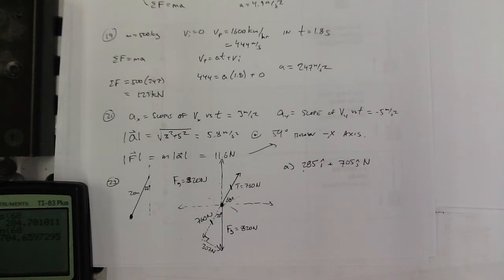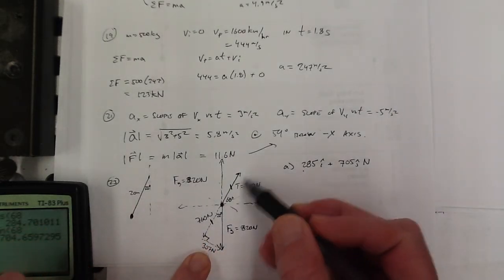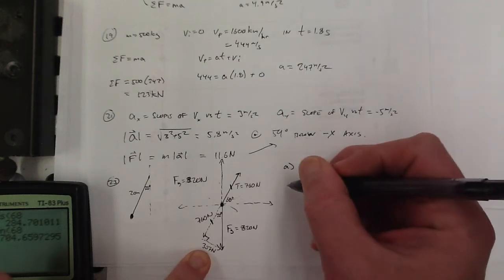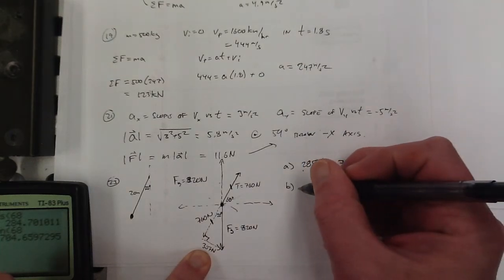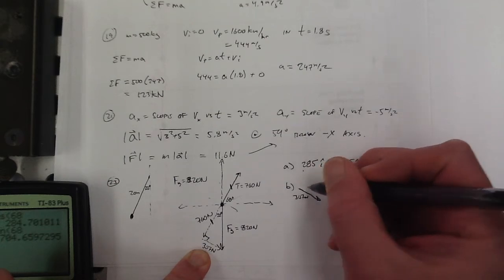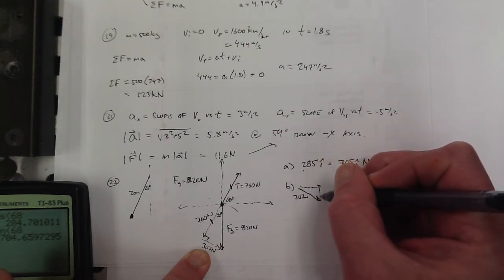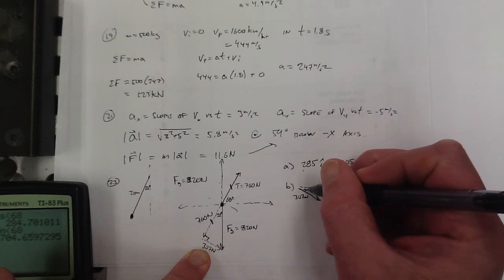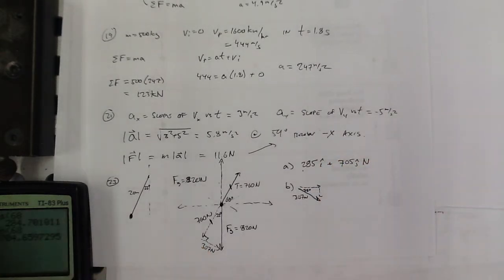Yep. How about the net force on him in unit vector notation? So the net force on him is this, because those things cancel out. So we need to break that 307 newton force into its components here and here. That's the 22-degree angle. Geometry.